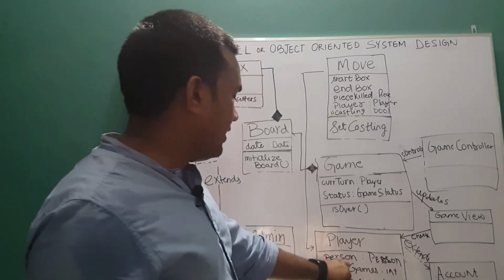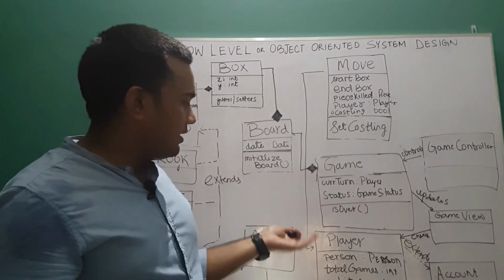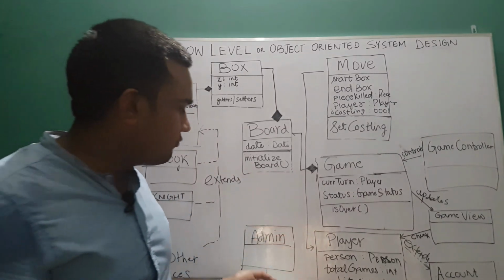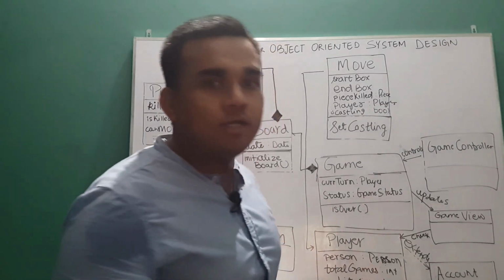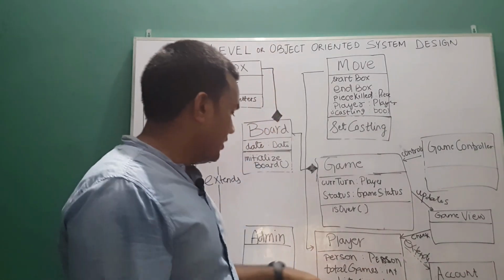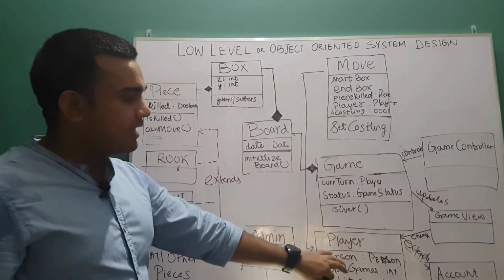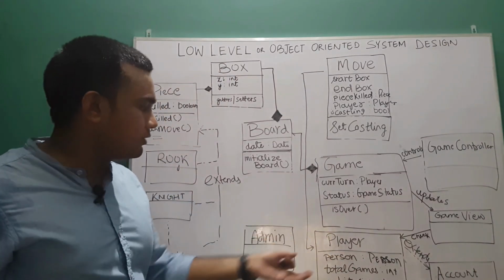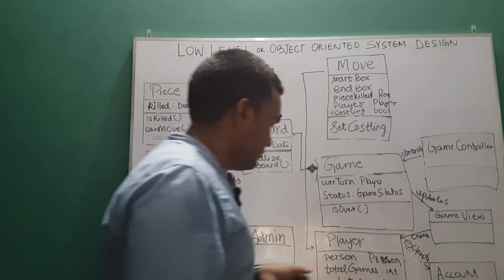There will be a class called player. A person will obviously have a name, age or address, whatever you want. The other one is total games, how many total games have been played by the player. The third thing is white side: is the player on the white side or on the black side. So white side false means black and white side true means white.